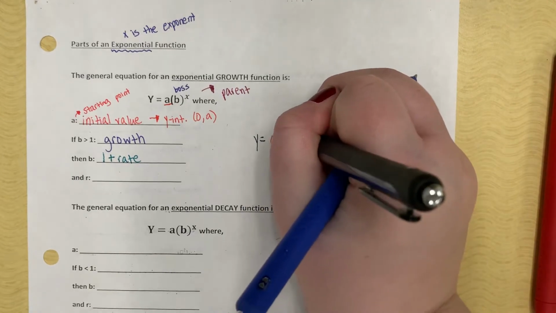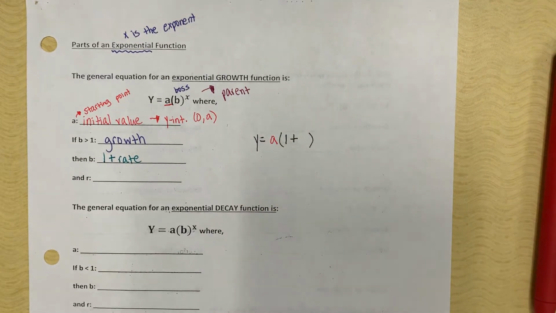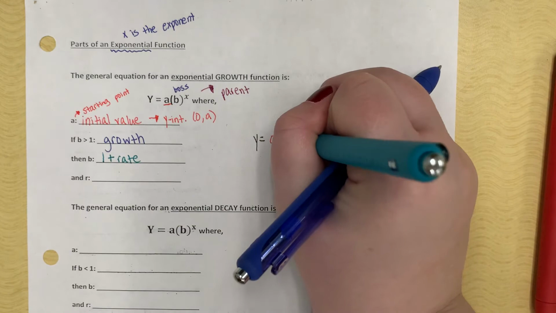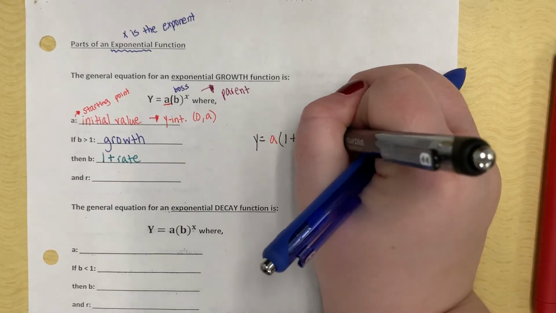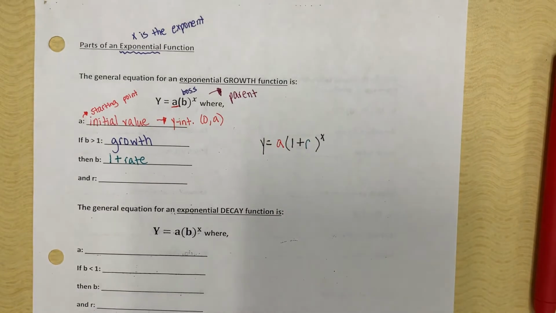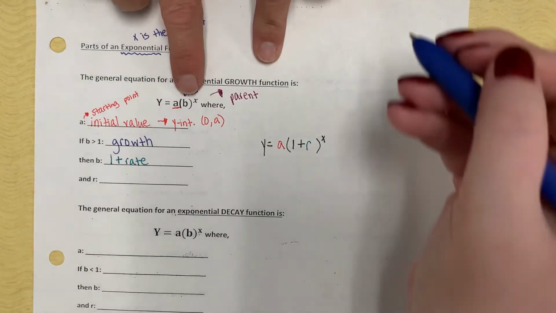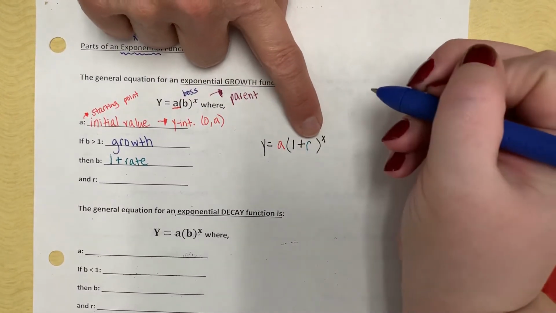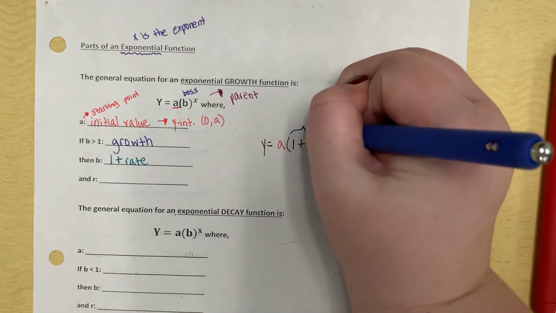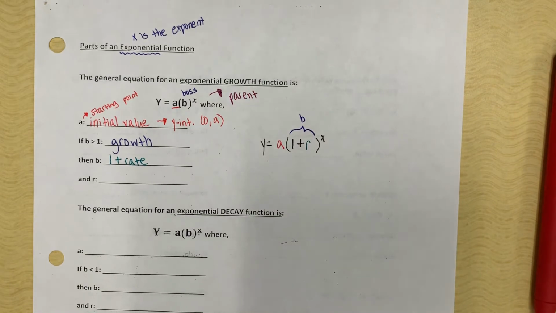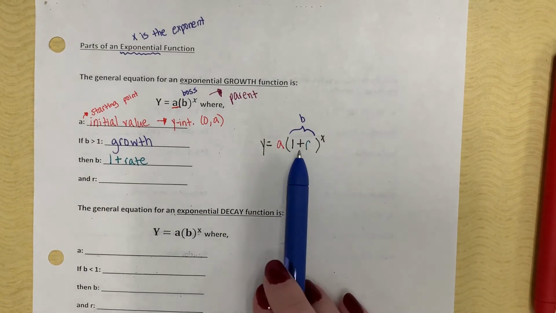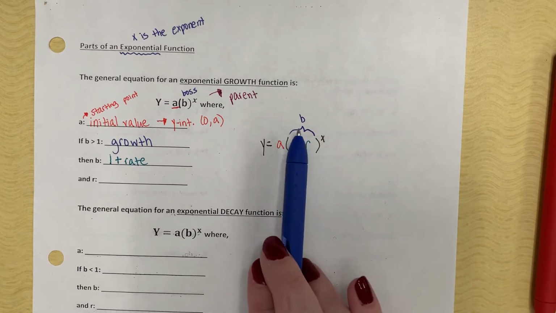Ms. Delk's actually writing it out for you so you can see it. 1 plus r, and then to the x. B can be broken down into 1 plus the rate. Remember that in the perfect parent equation, it would be a 1. All right. So then R is what we added to 1 to get this value of B.